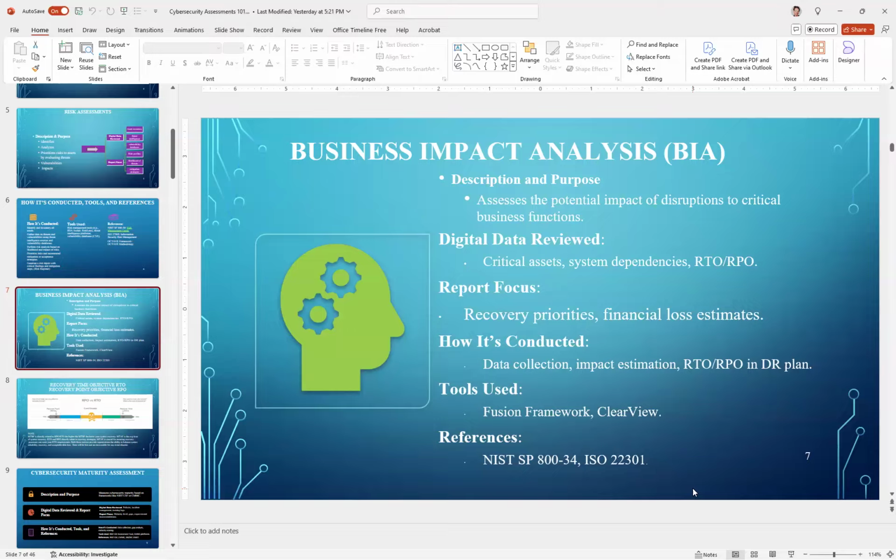And your reports will include recovery priorities and financial loss estimates. How this is done is with data collection, impact estimation, the RTO RPO, which is usually included in the disaster recovery plan. Some of the tools used are Fusion Framework and Clearview, and your references for NIST and ISO.